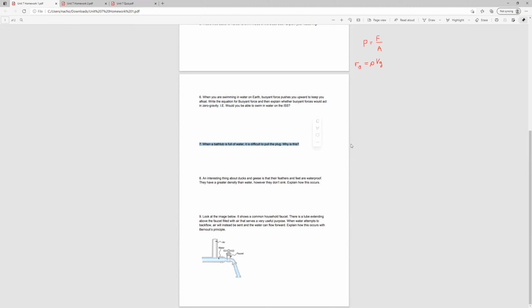Number 7, when a bathtub is full of water, it is difficult to pull the plug. Why is this? Well, we have to write out the relevant equations, which for this one is going to be continuity. So this v with the hat over it is going to be velocity. A1 V1 equals A2 V2. I'm trying to write with a mouse, so excuse it if it looks kind of off. All right.